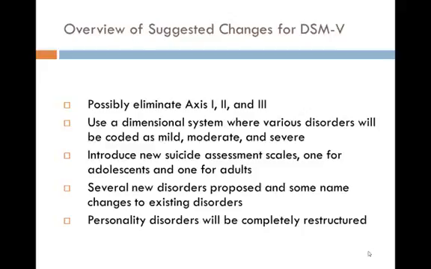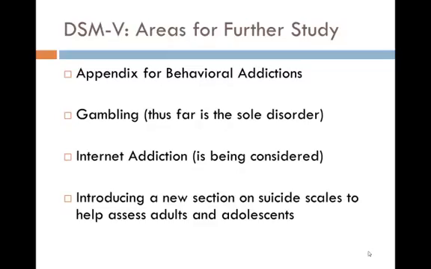So with regard to the DSM-5 and areas for further study, there will be an appendix for behavioral addictions. We understand now more than ever before that persons are having addictions to gambling that heretofore were not clearly explained and operationalized within the DSM.